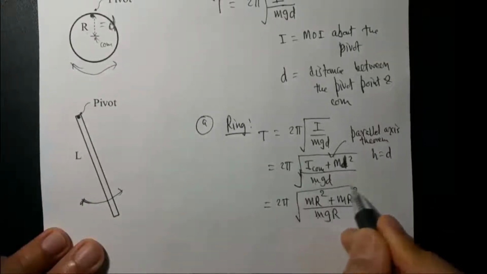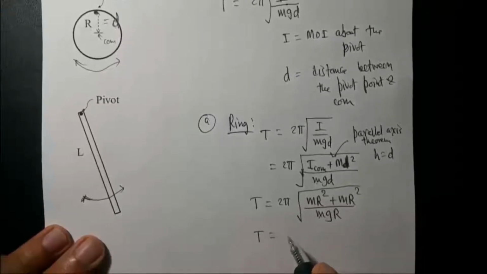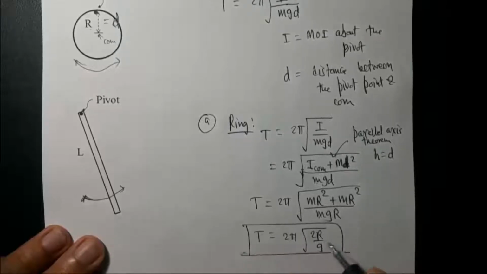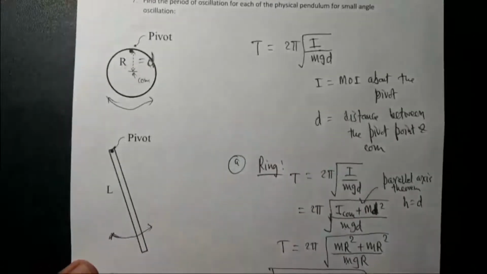That's your period formula. If you do that, you get 2 pi square root of 2r over g as your time period. If you know the radius, you can just find the time period. It's so helpful; you just need to know the radius of the ring.